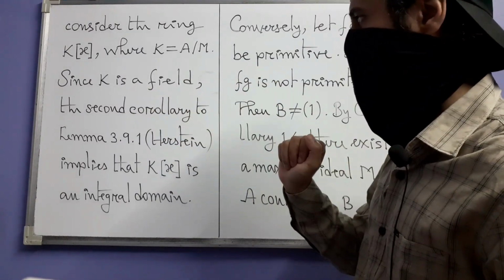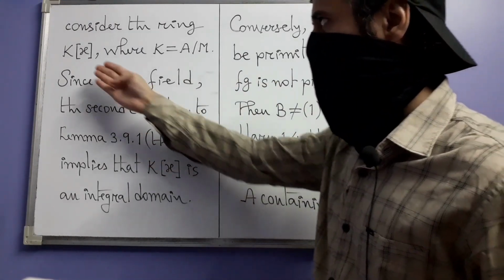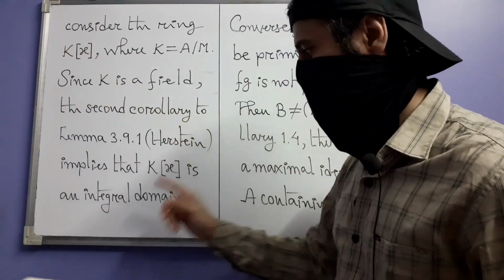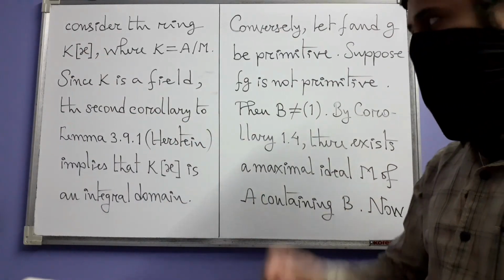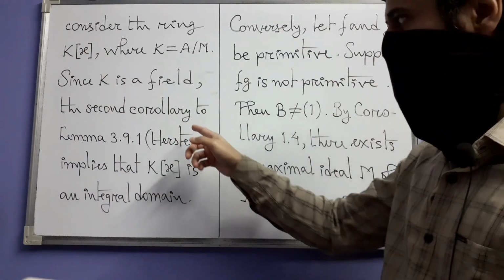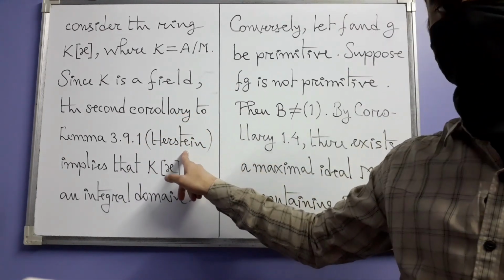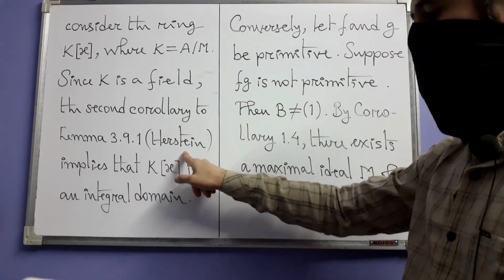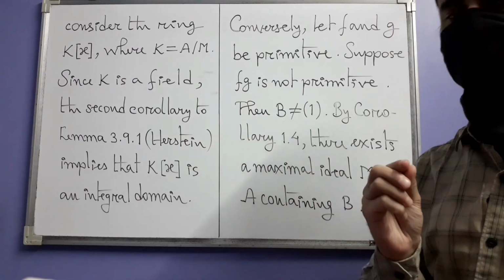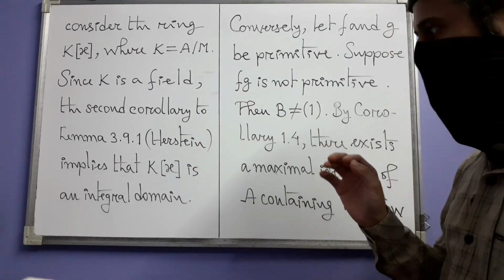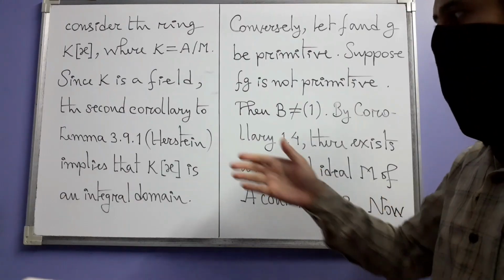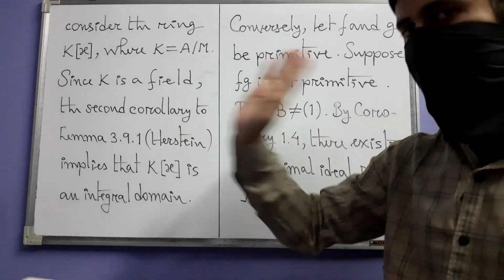And because K is a field, this K[x] is an integral domain. The justification you can find in the second corollary to lemma 3.9.1 from Herstein's Topics in Algebra. In spite of the slight difference between the definition of integral domain here in this book and in Herstein, it still works.